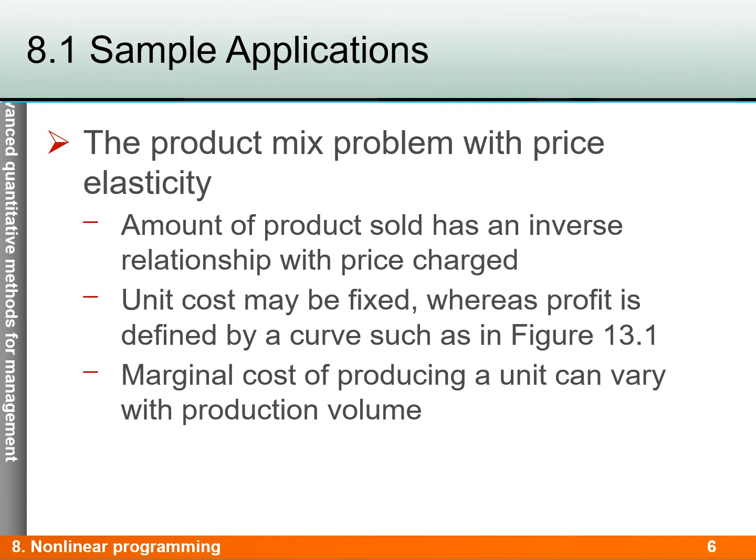The firm's profit from producing and selling x units of the product would then be the sales revenue x·p(x), if we imagine p(x) is the price required in order to be able to sell x units.